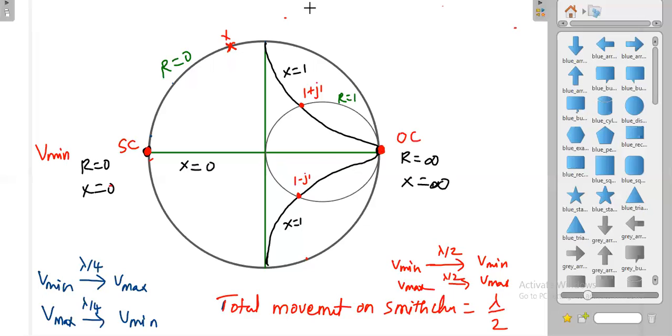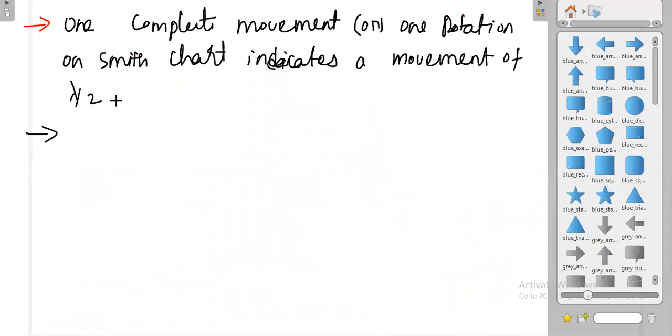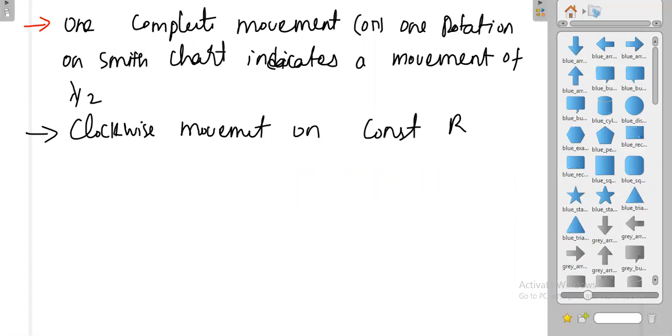So once you move in a clockwise direction on the constant R circle, you are adding an inductive reactance.